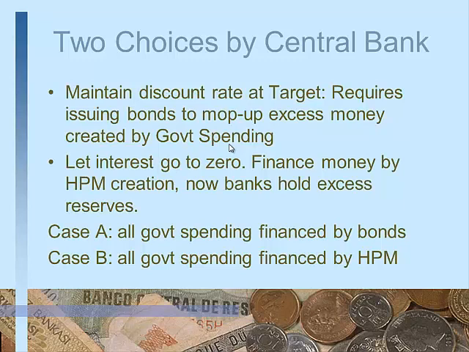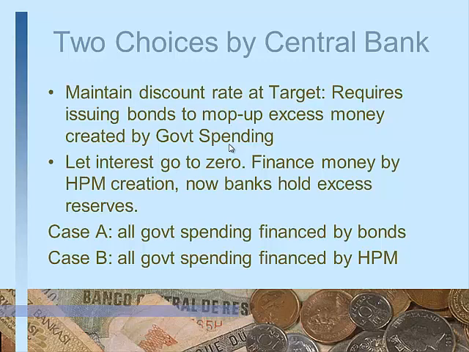So the central bank has basically two choices, assuming that we are at equilibrium before the government made any spending. So now the excess reserves have been created. So now either the bank will mop up all this excess reserve, and then the bonds will be sold at the policy rate, or you can let the interest rate go to zero.